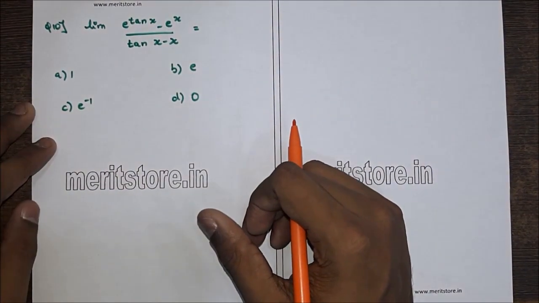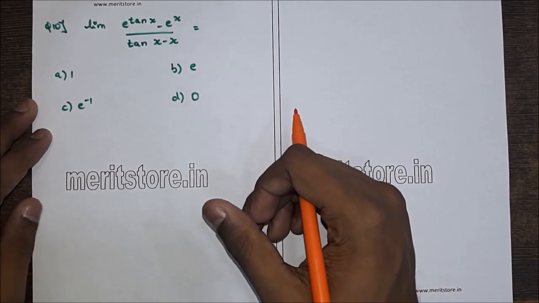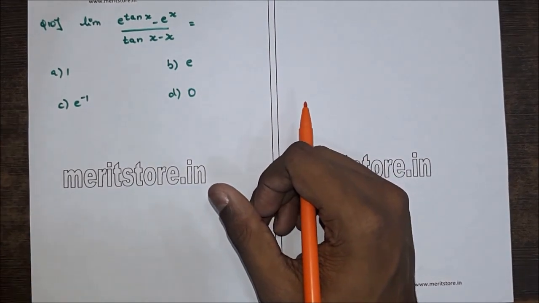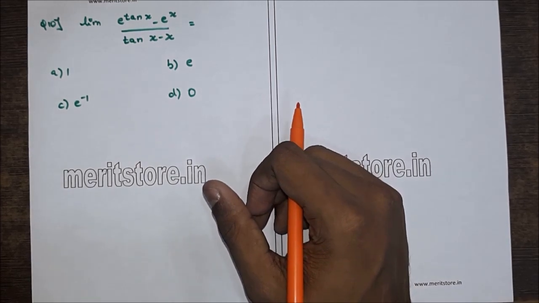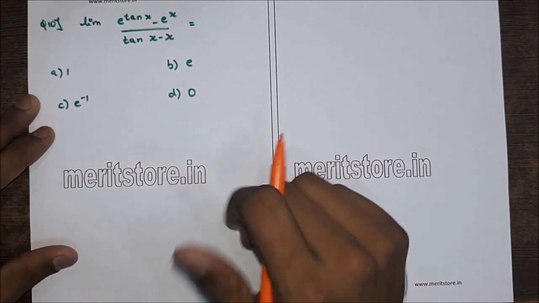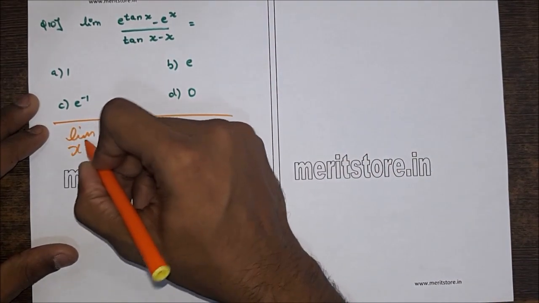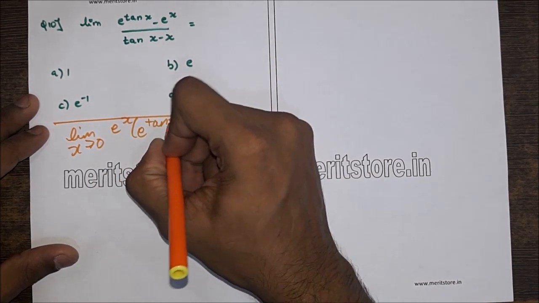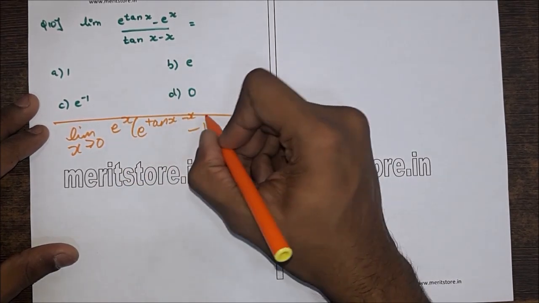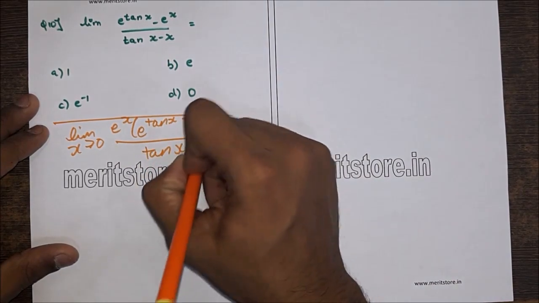Limit of e raised to tan x minus e raised to x upon tan x minus x equals: A) 1, B) e, C) e raised to minus 1, or D) 0. So we could write this as limit of x tends to 0, e raised to x, e raised to tan x minus 1 upon tan x minus x.